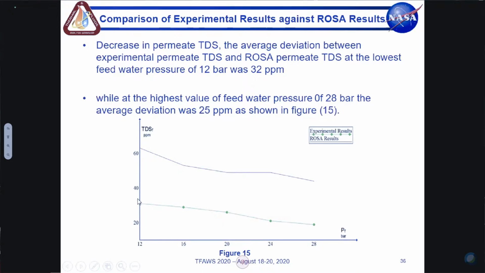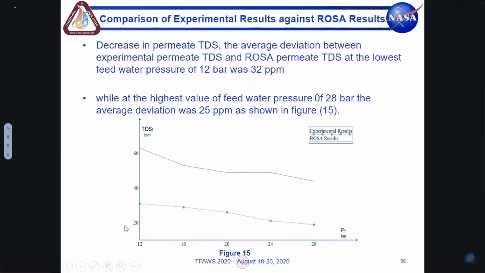Another result, when increasing the recovery ratio, the average deviation between the experimental recovery ratio and the ROSA recovery ratio at the lowest feed water pressure is about 10%, and at the highest about 7%.